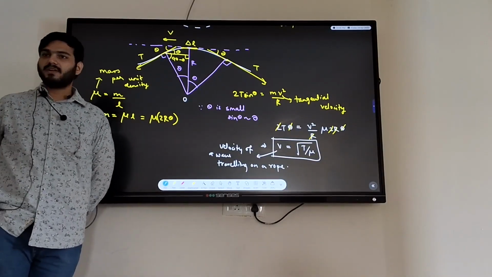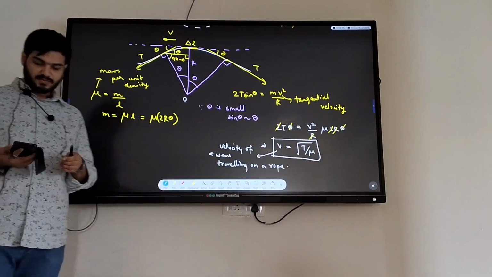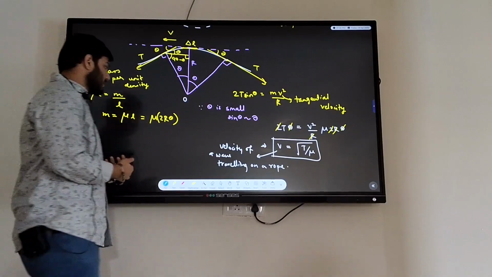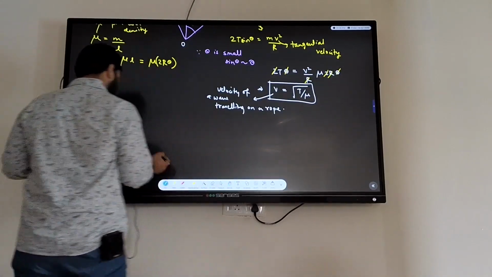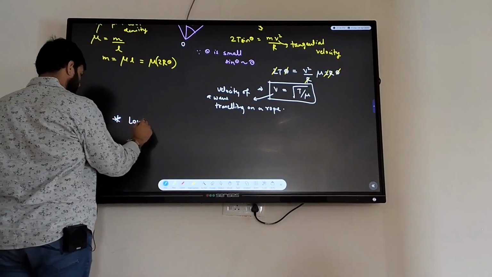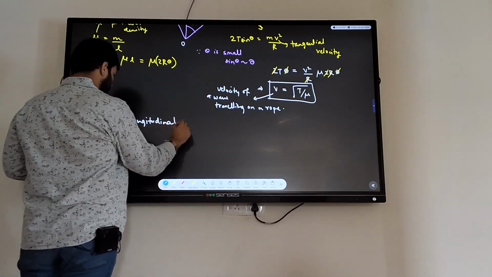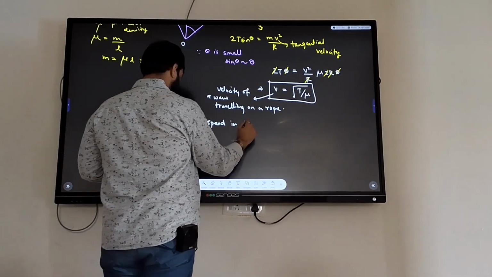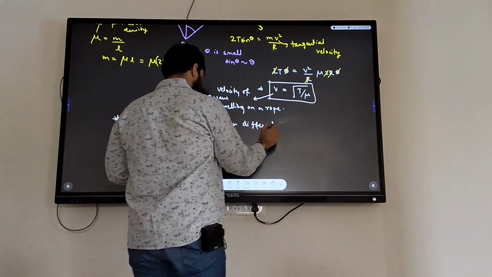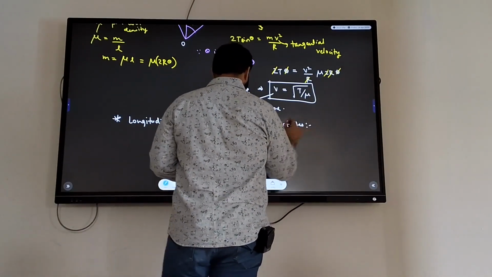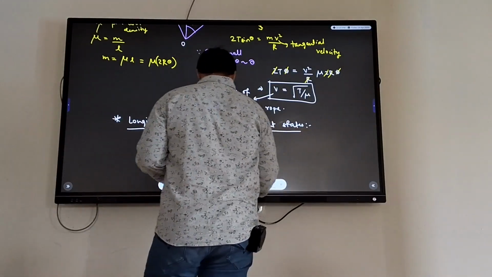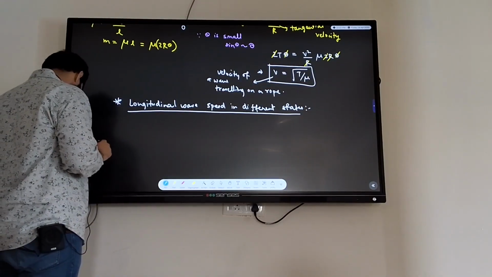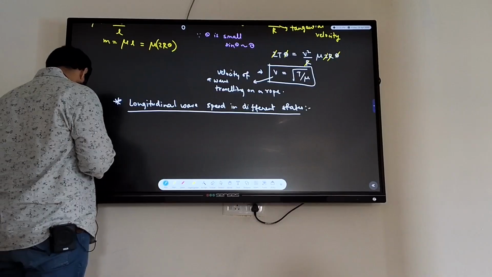So let's talk about the speed of a longitudinal wave through different mediums. Basically, I will give you a direct formula for every one of them.